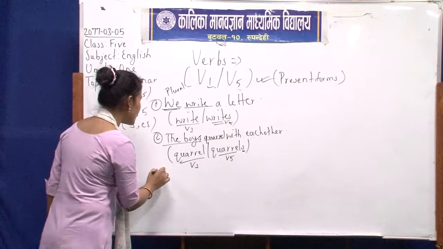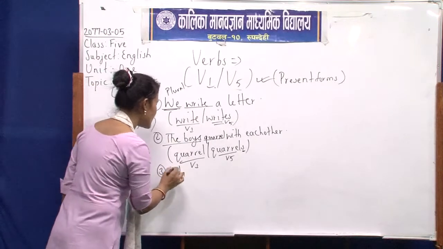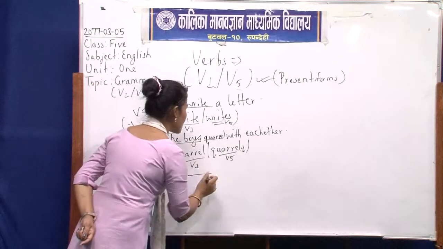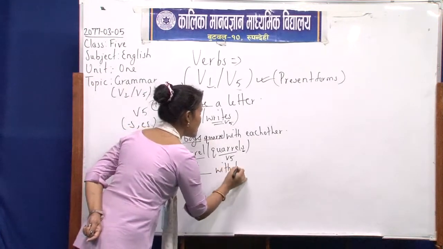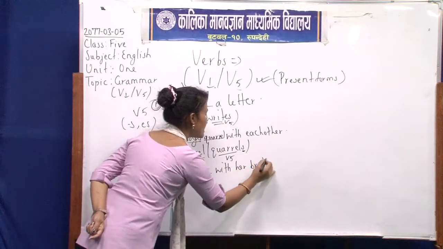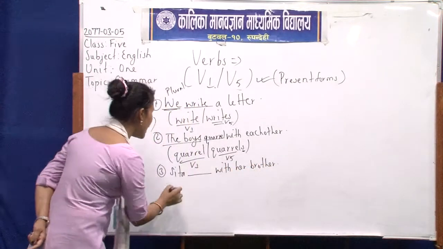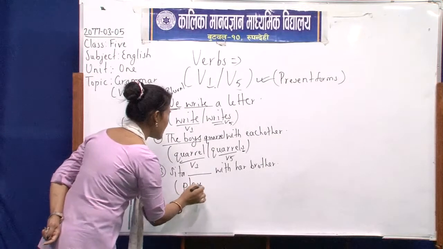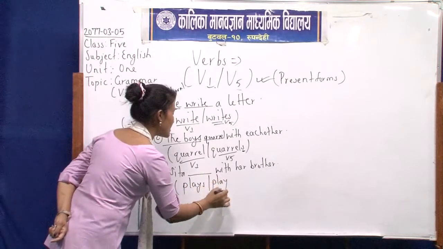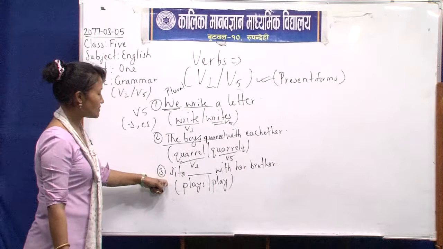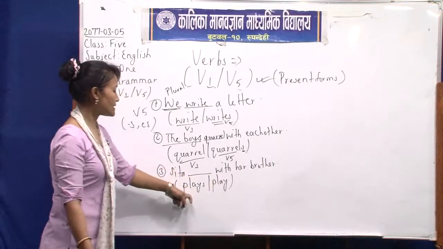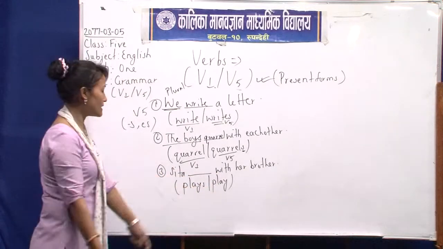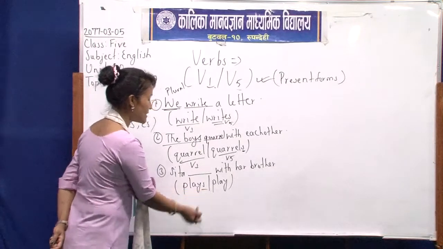One more we will be doing. Sita with her brother. Now, options are plays, play. Sita plays or play. Now, let us identify what sort of verb are these. Where you can see S, it is here.